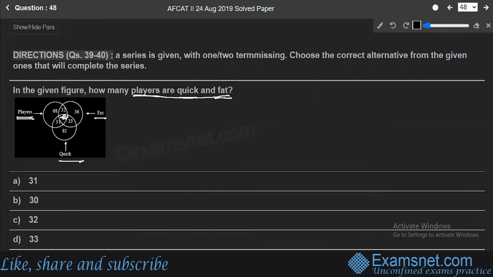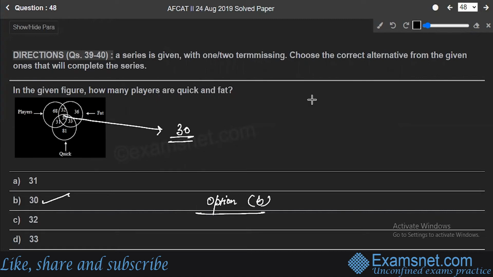See, only this is the one which is common in all the three sets. This portion, which I've shaded, is there in all three: players, fat, and quick. They are players, they are fat, and they are quick. So obviously, this 30 is the answer, option B. Hope this is clear.